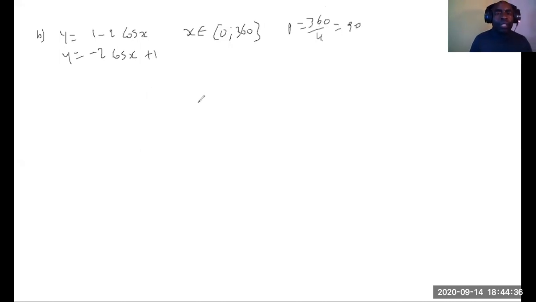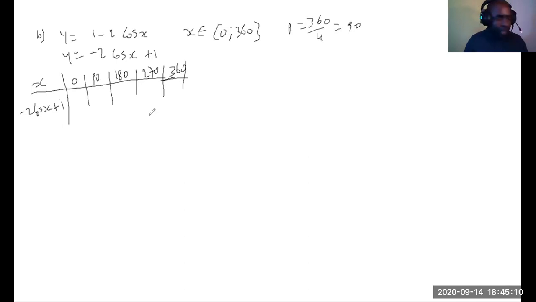So then I can have my x, and I have got my y, which is negative 2 cos x plus 1. So I'll be having here 0, 90, 180, 270, and 360.